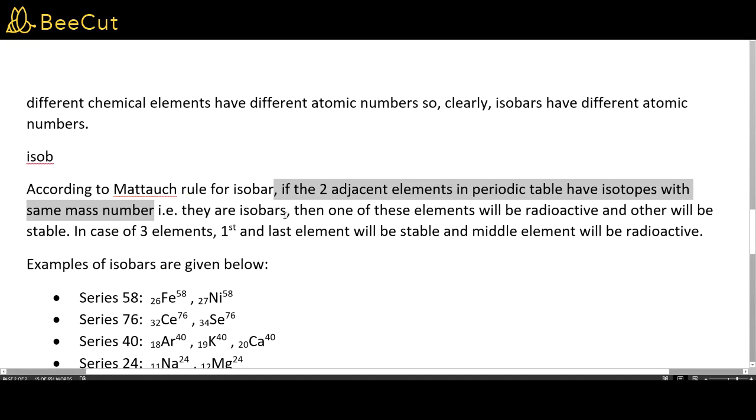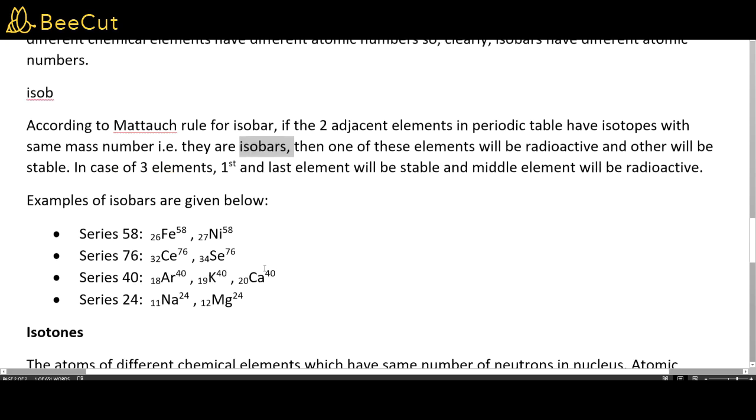You understand that? If two elements are very close to each other in the periodic table, and both of them have isotopes with the same mass number, then they are isobars of each other.